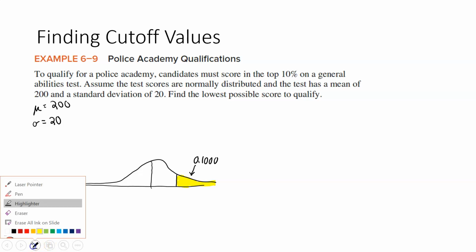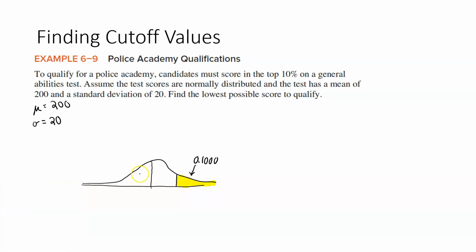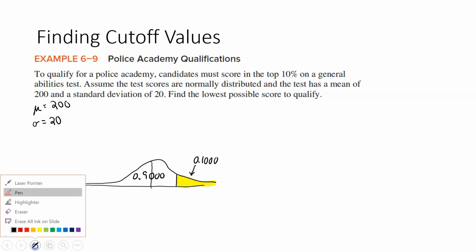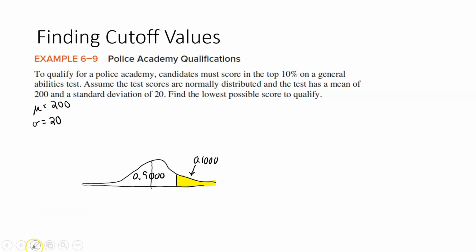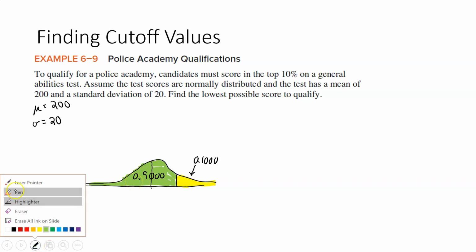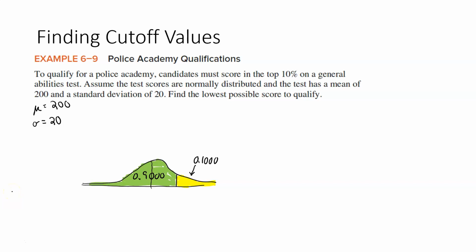What I actually need to find from the z table, what I'm going to reverse look up, is 0.9000, because I can find things to the left. This is what I'm looking for. All right, so I need to find the z-score where the area to the left is 0.9000. So with that, let's go ahead and reverse look up 0.9000.